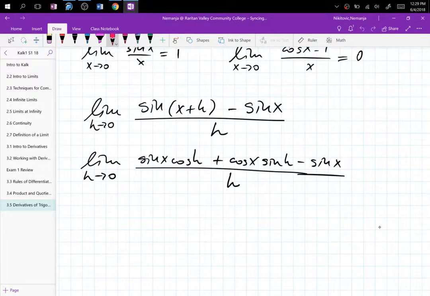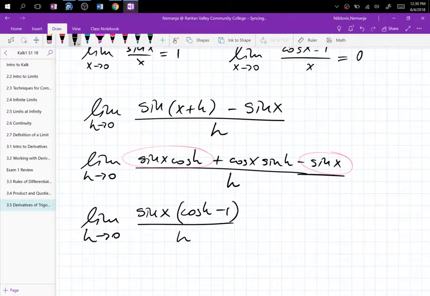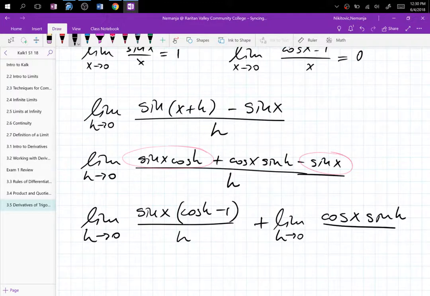I'm going to take the first and the last term and factor out sine x. So it's going to be sine x times cosine h minus 1 over h, and then in a separate limit, the limit as h goes to 0 of cosine x sine h over h.